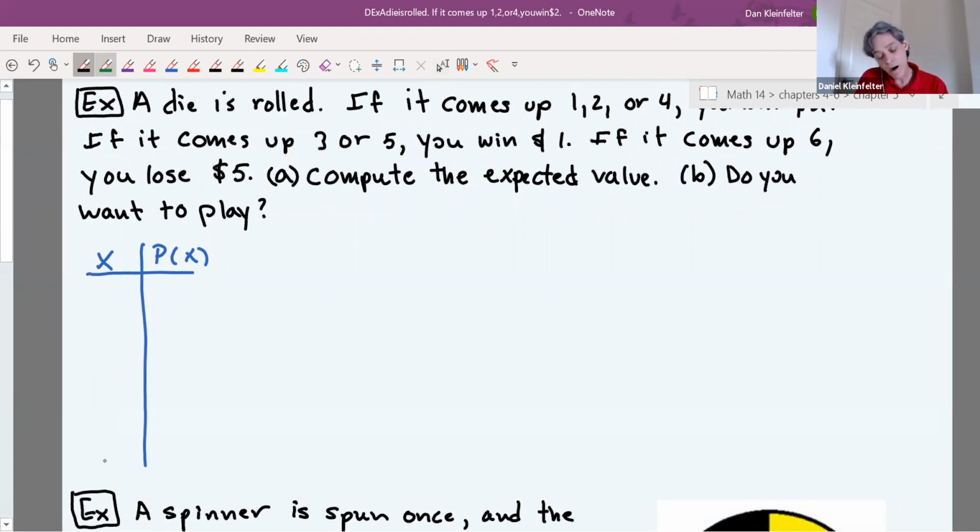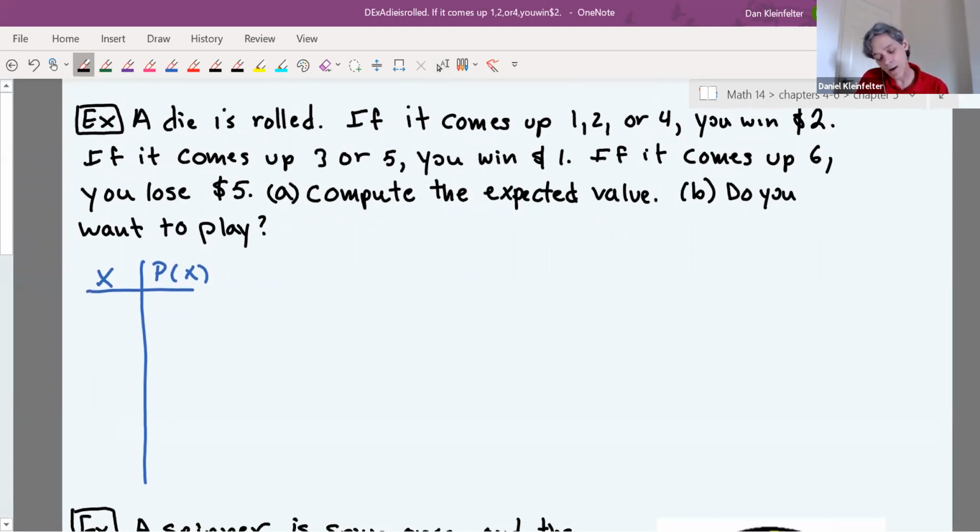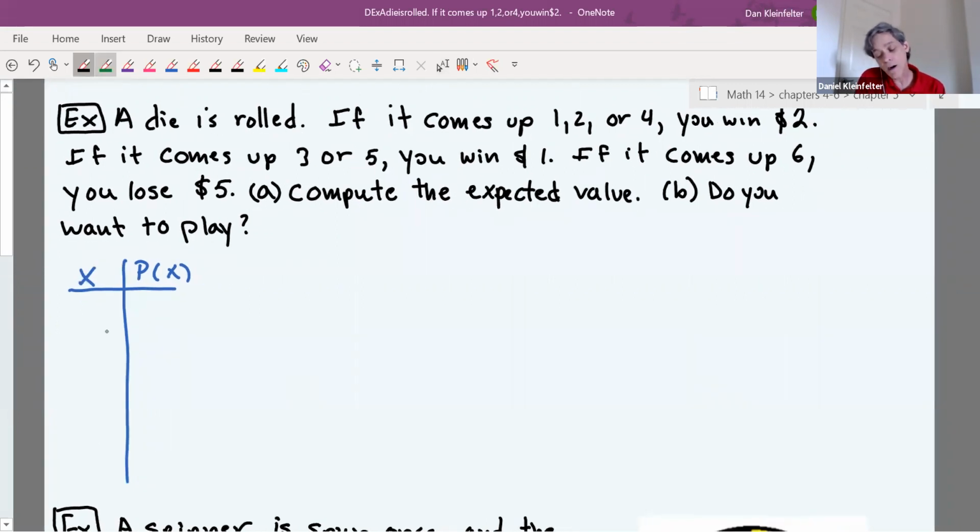So here are the possible outcomes. You could win $2, which I'm going to represent by a positive, as we're doing this from your perspective. You win $2, and that's going to come up with probability 3/6. I know that's a half. I wanted to leave it unreduced so that you can see where it comes from. That's the 3 winning possibilities.